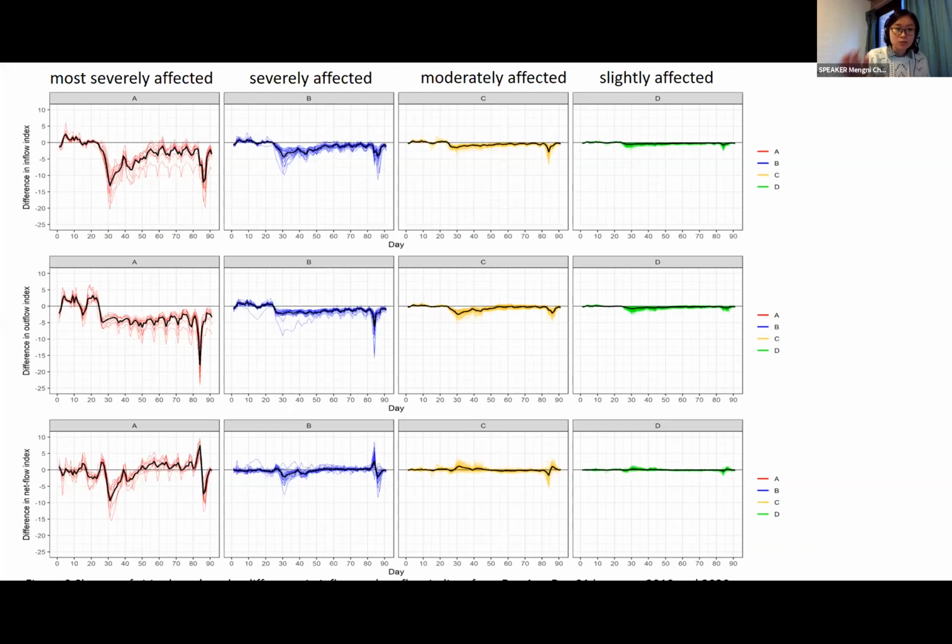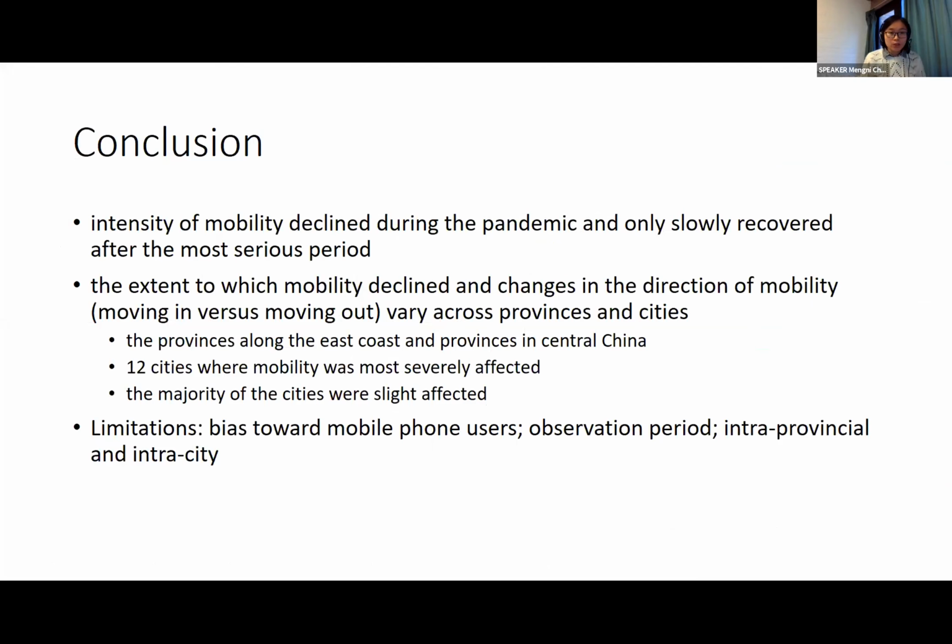Just for the conclusion, we try to identify the clusters and cities where experiences vary, with big changes in their mobilities. We also highlight that the intensity of mobility decline during the pandemic is very strong, but we only see a very slow recovery after the more severe period in China.